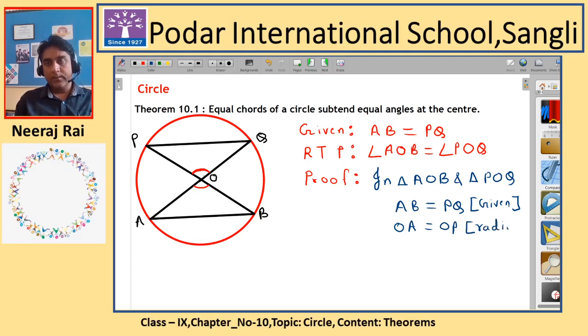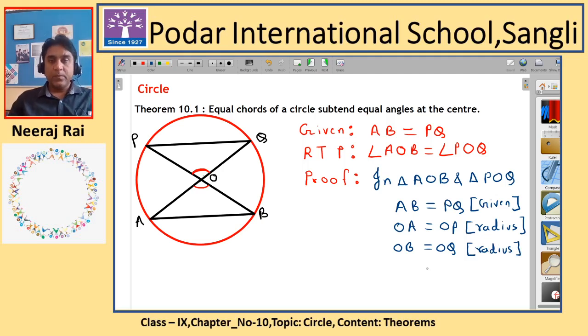So radii are equal. And OB is equal to OQ. Again, it is a radius. So these are radii, and radii are equal.